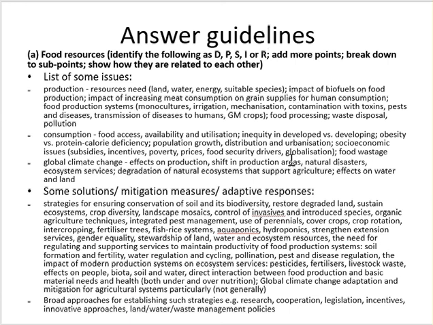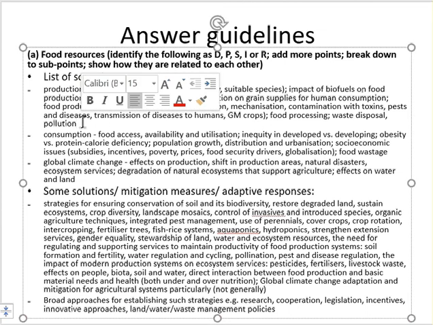Okay? So for this particular bullet point, production, okay, resources need, all of these things, impact of biofuels on fuel production, impact of increasing meat. What are all of these things? Okay, are they pressures? Are they drivers? Okay, you make your decision.